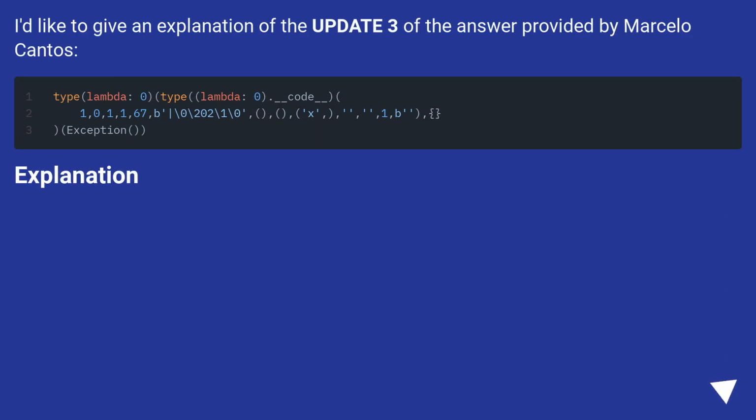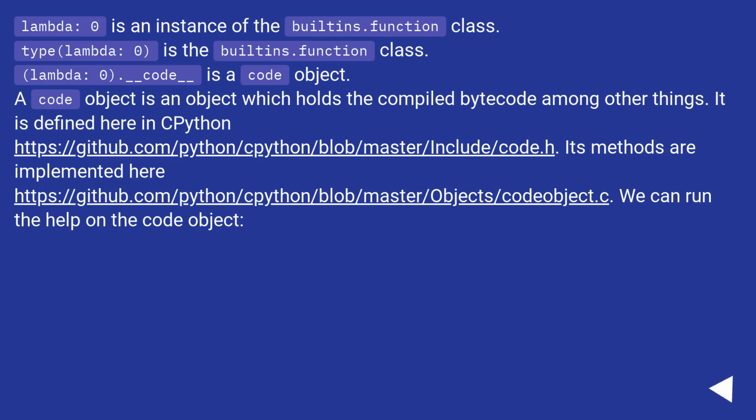Explanation. lambda: 0 is an instance of the builtins.function class. type(lambda: 0) is the builtins.function class. lambda: 0.__code__ is a code object. A code object is an object which holds the compiled bytecode among other things.